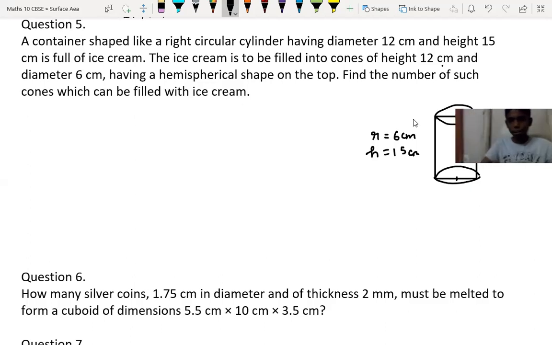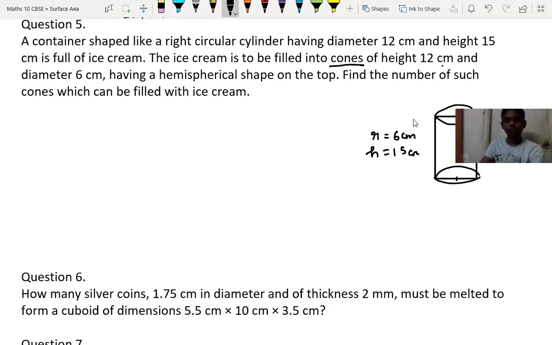The ice cream is filled into cones of height 12 centimeters and diameter 6 centimeters, having a hemispherical shape on the top. What are they saying here, children? The ice cream has to be filled into cones.